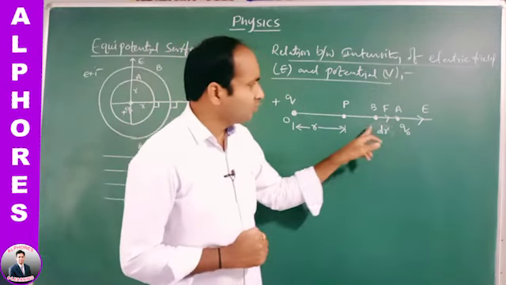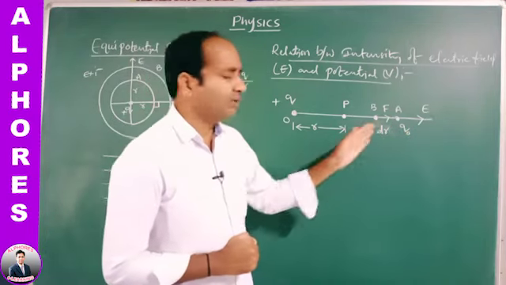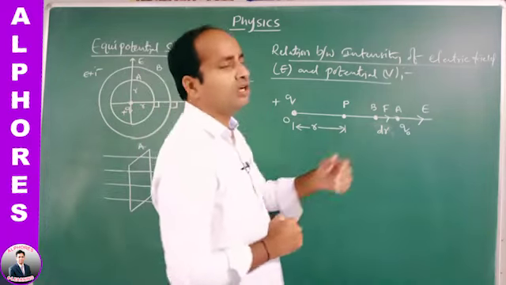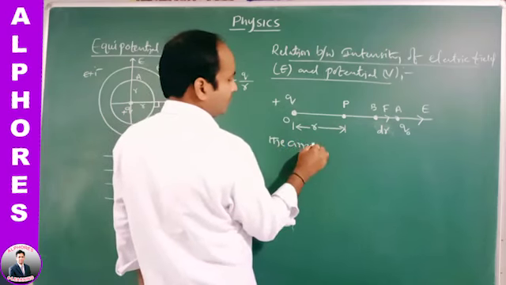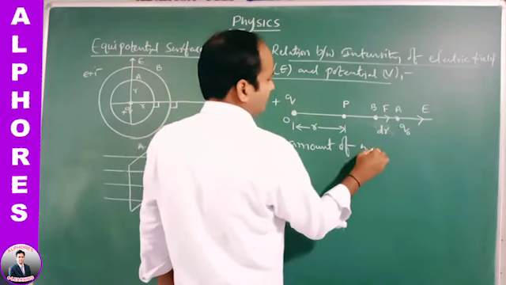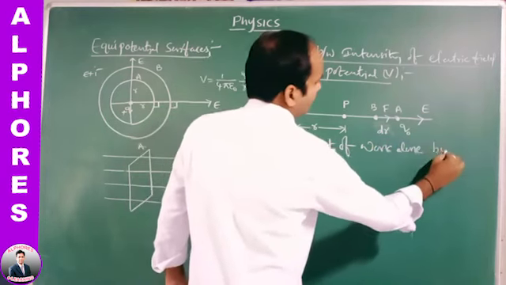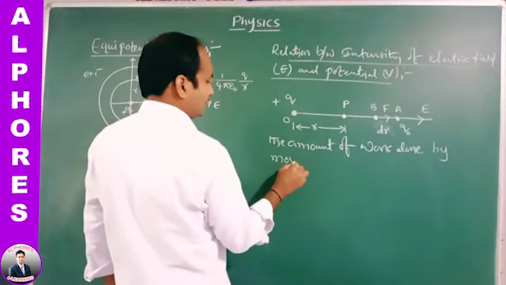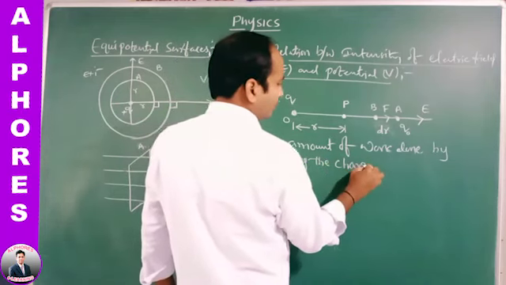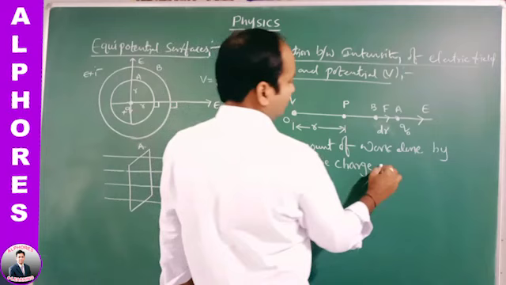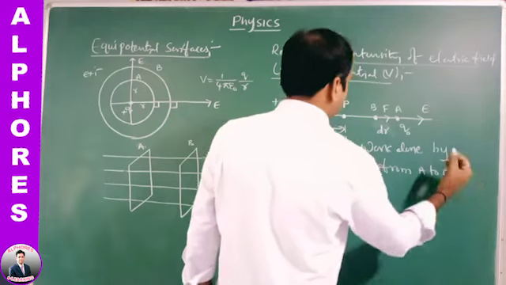We are moving the charge from A to B against the repulsive force through a small displacement dr. Here the amount of work done by moving the charge from A to B is dW.